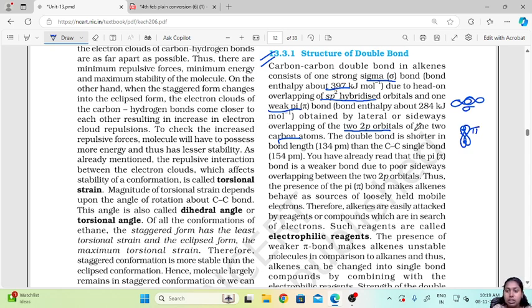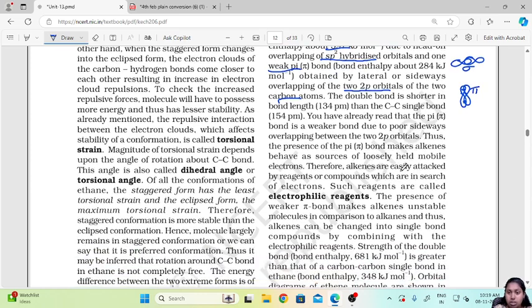Now the double bond is shorter in bond length than the C-C single bond. Now you have already read that the pi bond is a weaker bond due to poor sideways overlapping between the 2p orbitals. Now in our previous chapters also we have seen about the pi bond formation, which is laterally formed, and because of this lateral overlapping the pi bond is considered to be weak. Thus, the presence of pi bond makes alkenes behave as a source of loosely held mobile electrons.